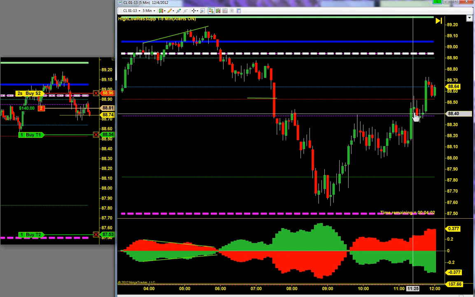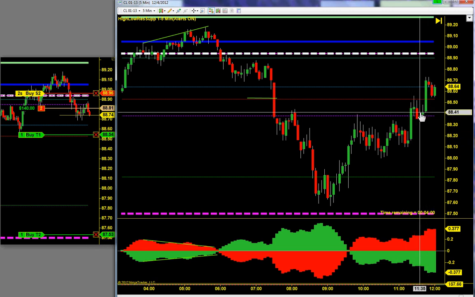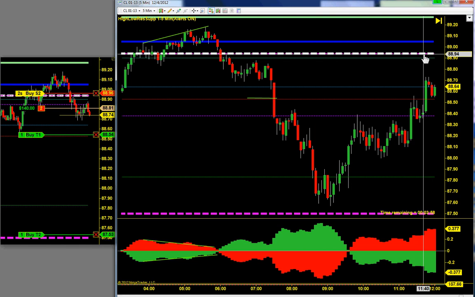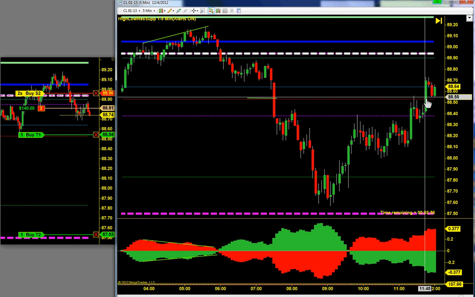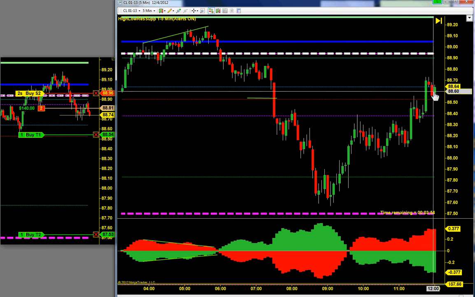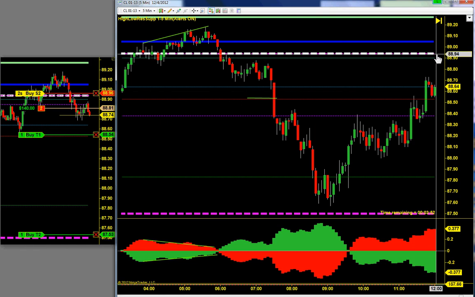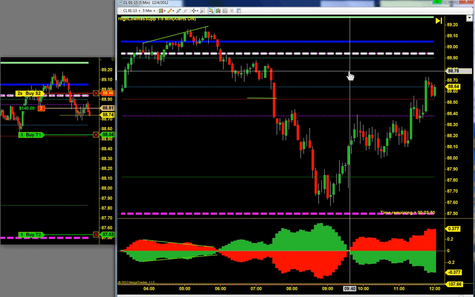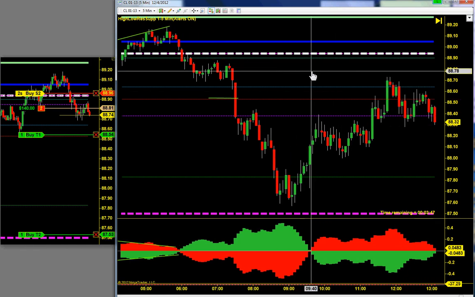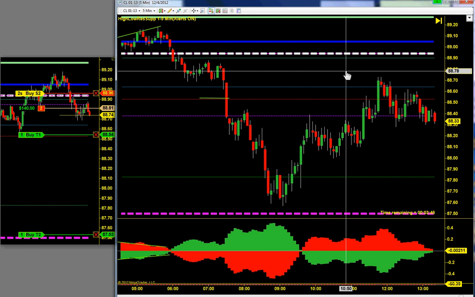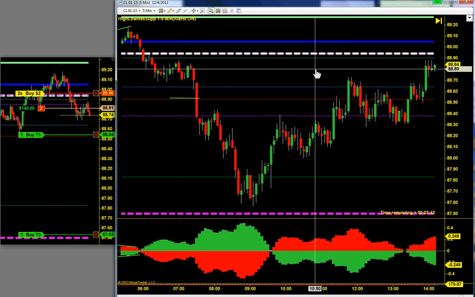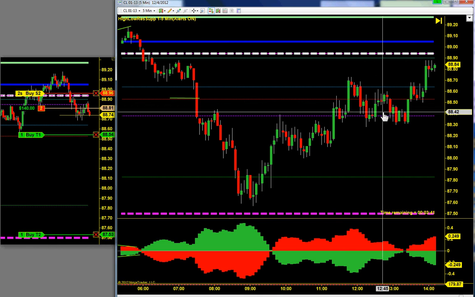Okay, it looks like now this is holding and it's gonna hit again. See where we entered. Okay, now it came down. There you go, it came down to this and then a rejection.